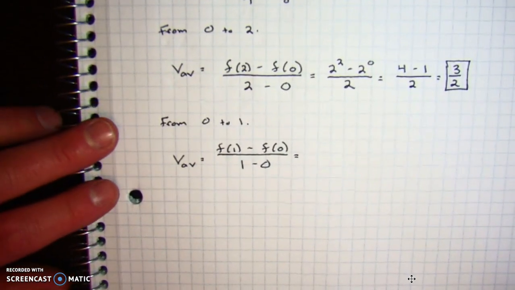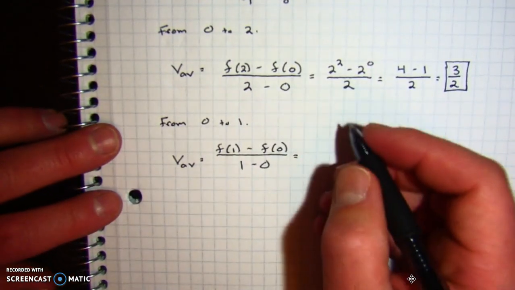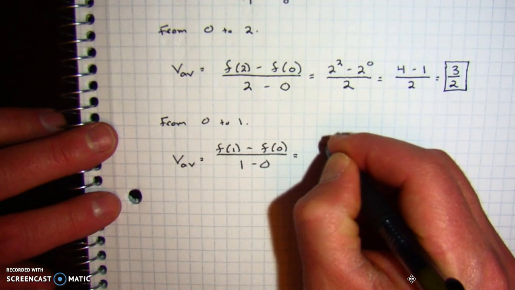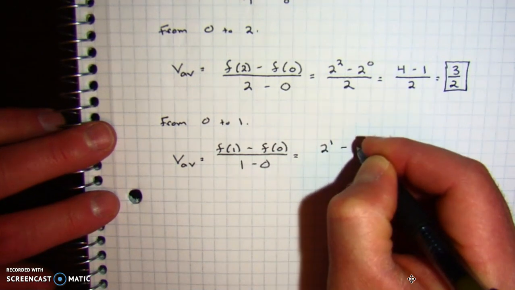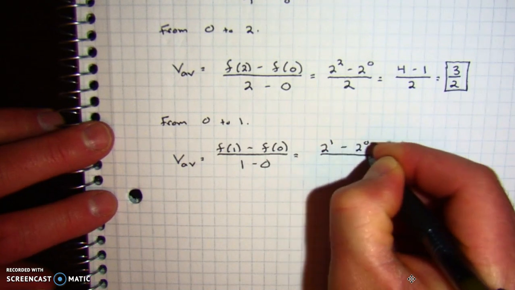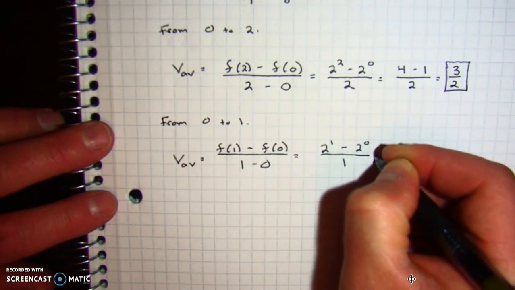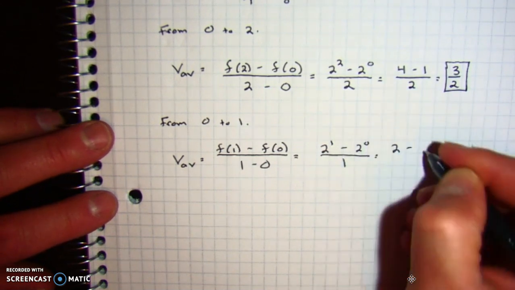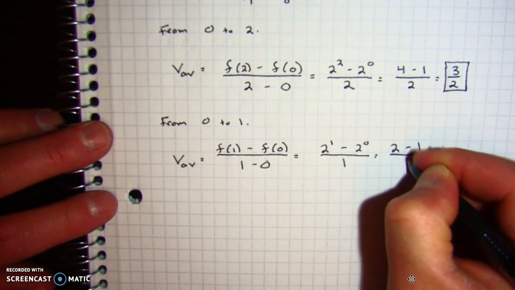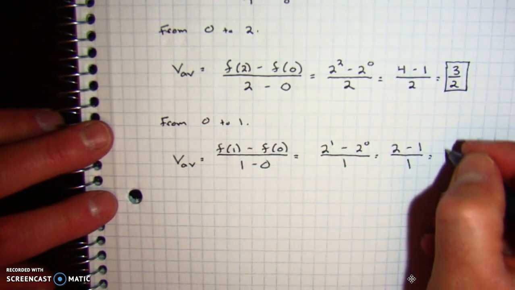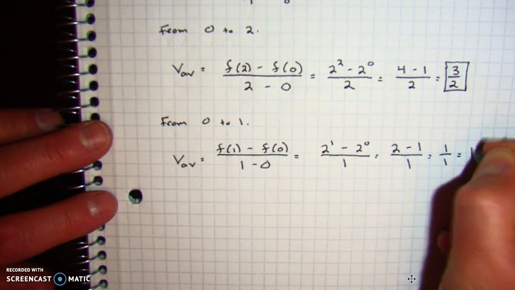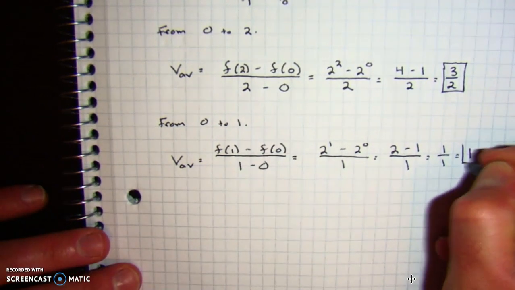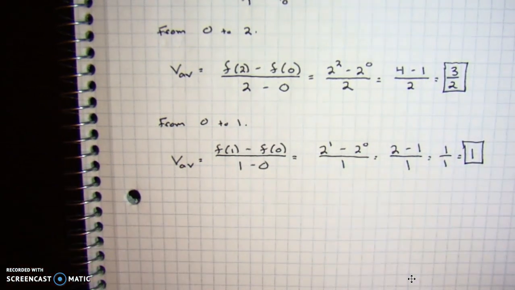All right, so our equation is y equals 2 to the x. So we're going to have 2 to the power of 1 minus 2 to the power of 0 over 1 minus 0, which is 1. So 2 to the power of 1, that's 2, minus 2 to the power of 0, which is 1, over 1. All right, 2 minus 1 is 1. So now, in this case, we have a slope of 1. I guess we need a box around the other one. Let's box around that one.